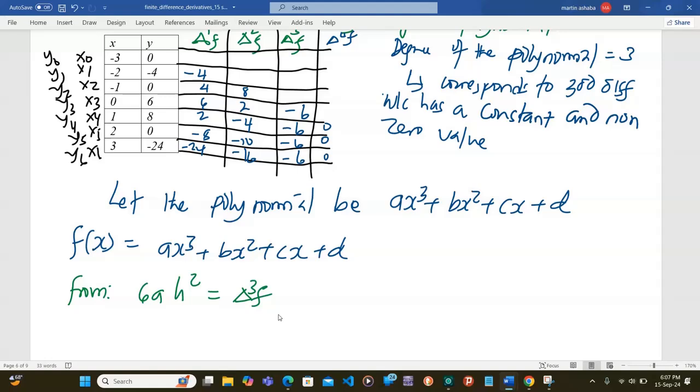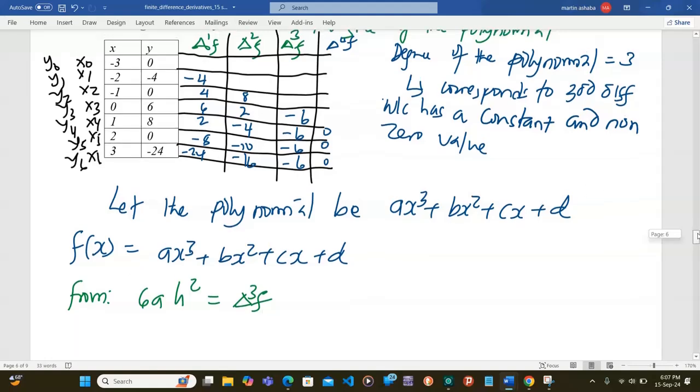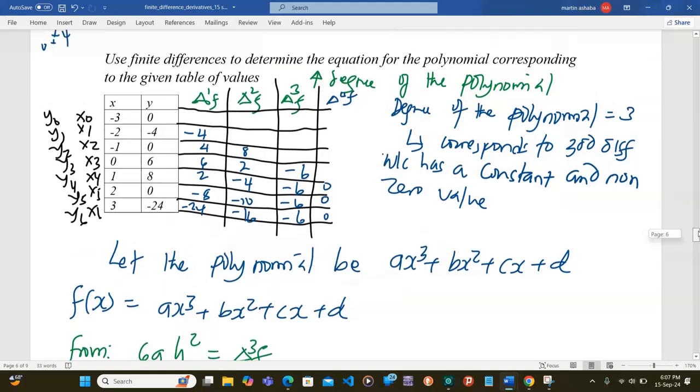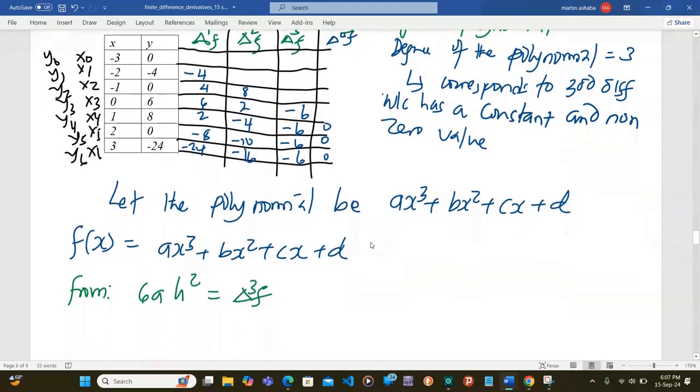So if I'm to get that, the constant value here is -6. So I'll have 6a times h squared. H is known. H is -3 minus -2, which is -1. It is a constant, so that's why we are going to take it.